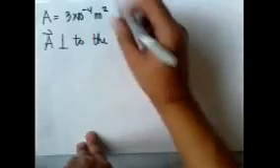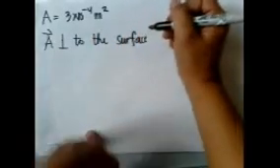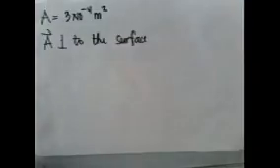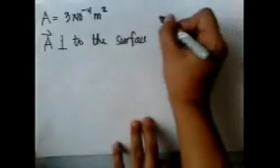Since it is a uniform magnetic field, the direction of our area vector A is perpendicular to the surface. So here is our drawing.